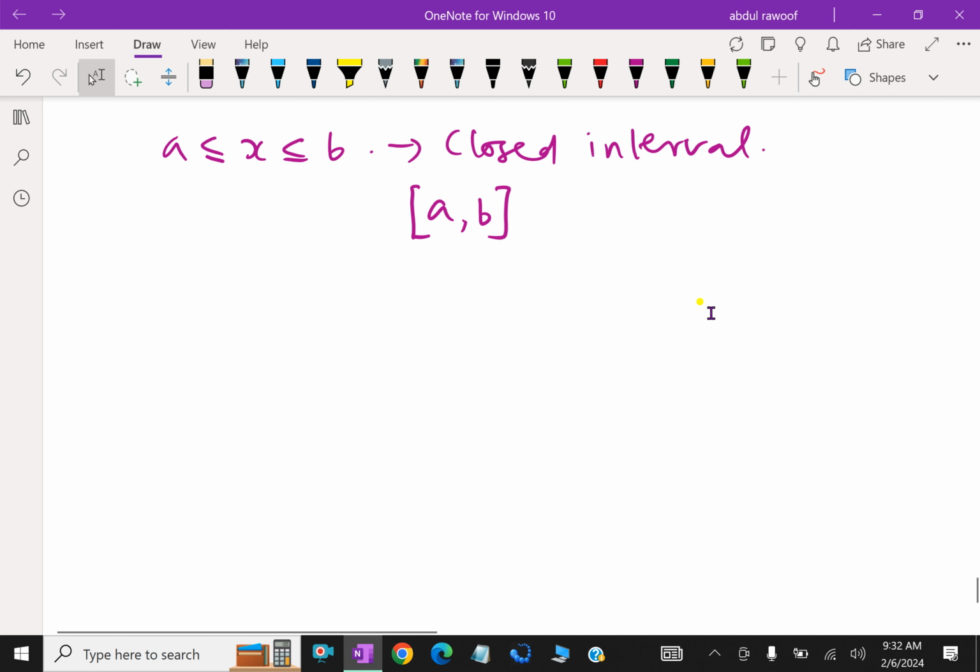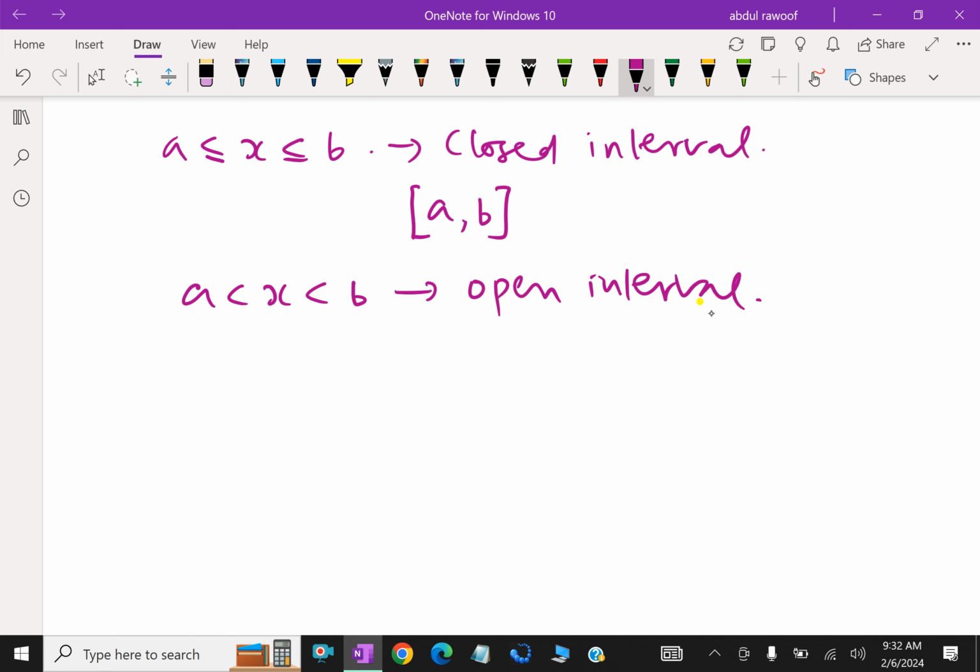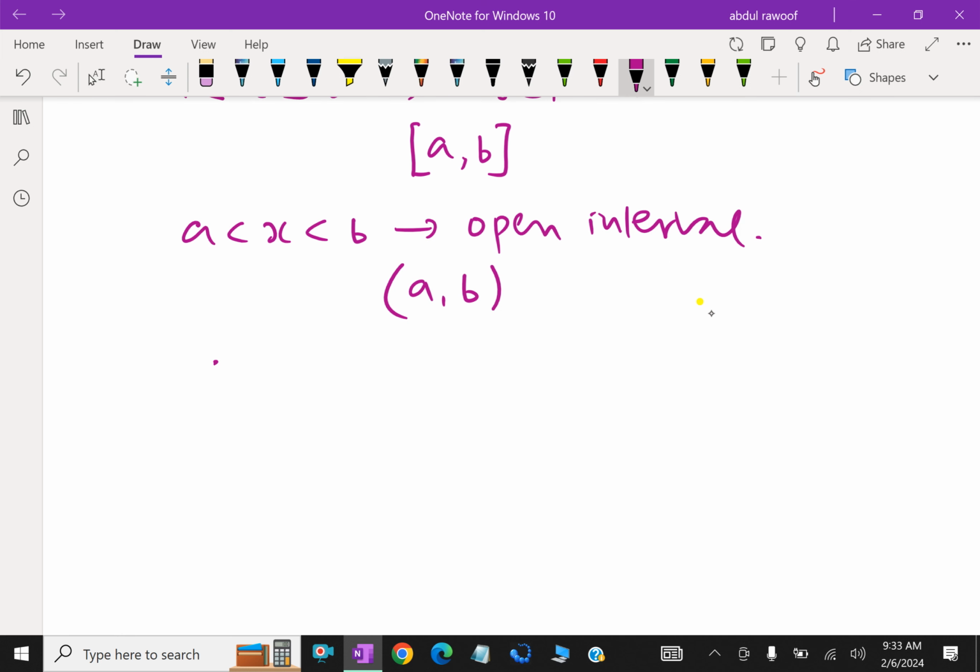Next statement: A is less than X, less than B, which gives an open interval, represented by (A, B). Now, another set: A less than X, less than or equal to B, and A less than or equal to X, less than B. These are represented by (A, B] and [A, B).